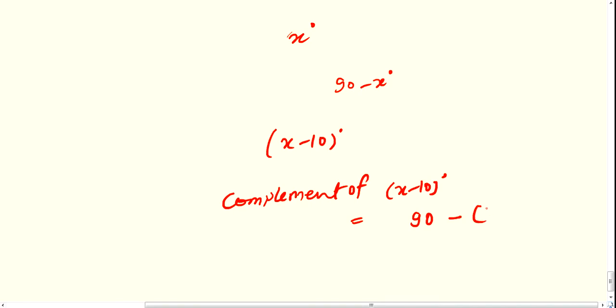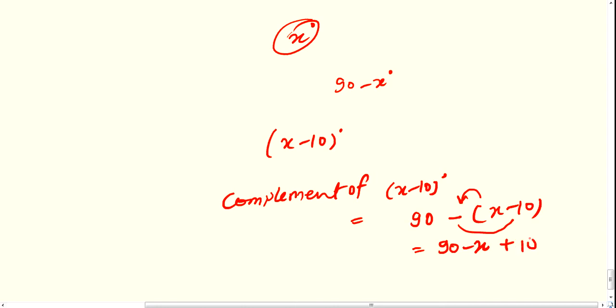Now you will use a bracket. Why? Because earlier we are having only one value, but now we are having two values. So x minus 10. Now we will remove this bracket, and as you know, if you are having a negative sign before bracket, that means the inside values will have a change in their sign. So it will be like 90 minus x, then this minus and minus will make plus 10. So 90 plus 10, that is 100 minus x. So this is your required answer.